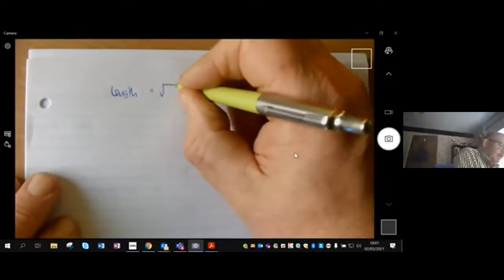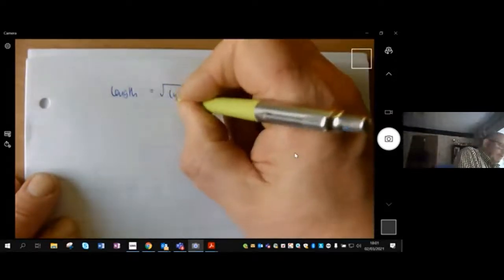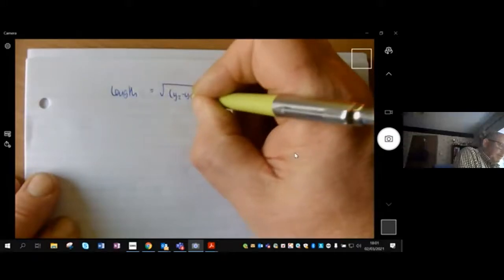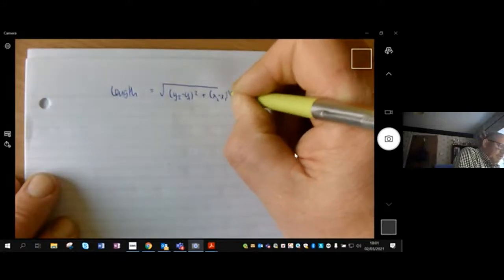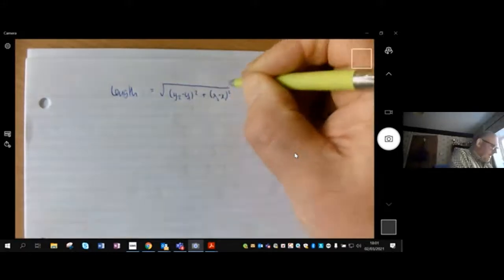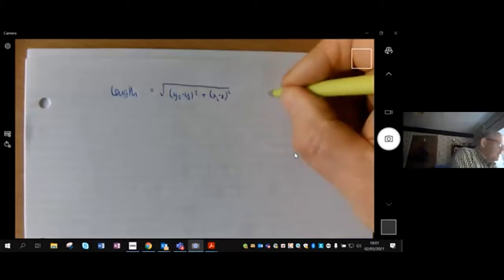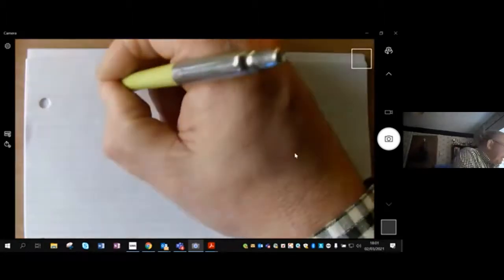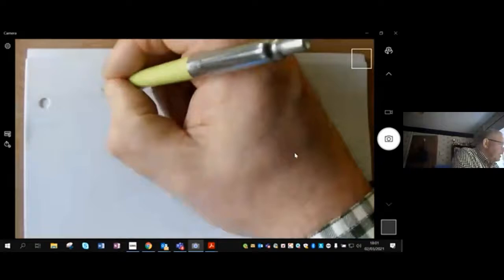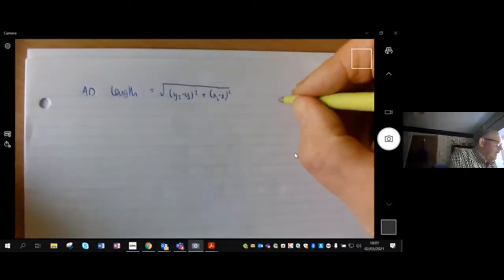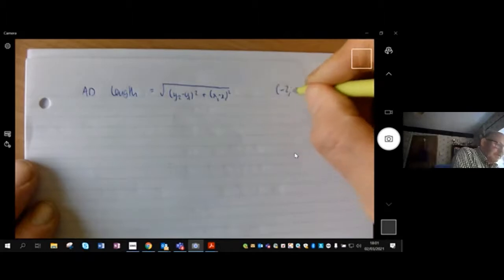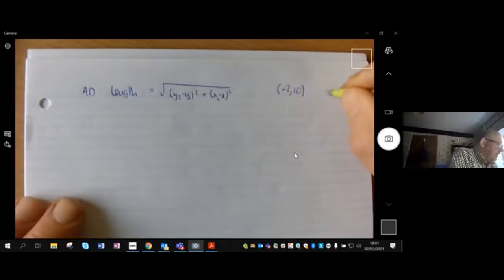So length of AD equals the square root of y2 minus y1 all squared plus x2 minus x1 all squared. And we've got, this is AD. So A is minus 2, 10 and D is 4, 7.